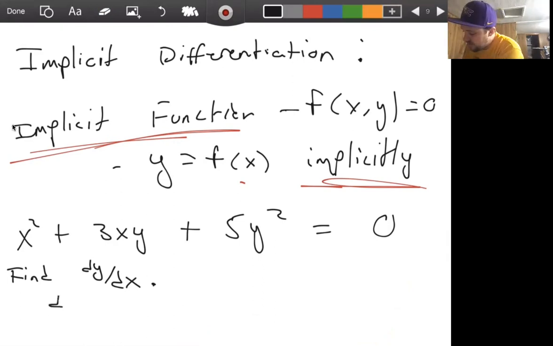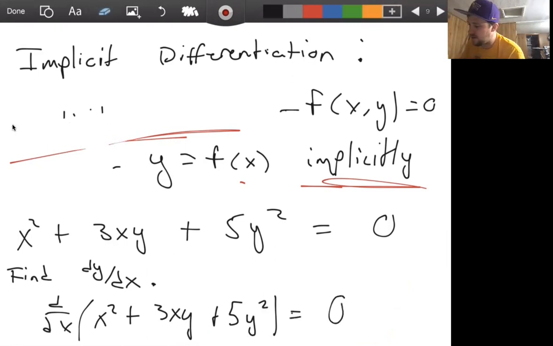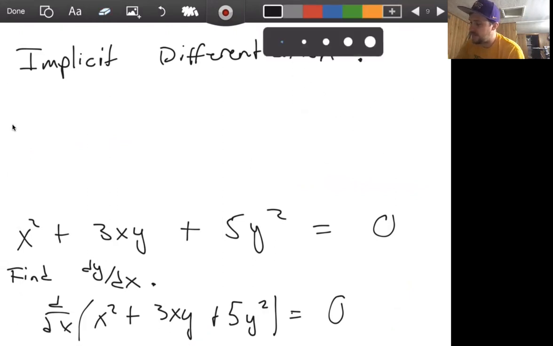Well, from Calc 1, what we would do is just take the derivative with respect to x of both sides. Well, the derivative of 0 is 0, right? And so maybe I'll come back up here just to stay on the same page.